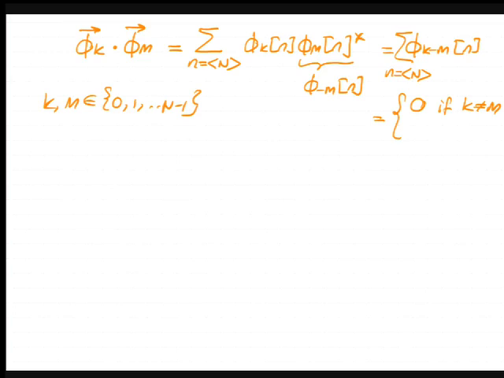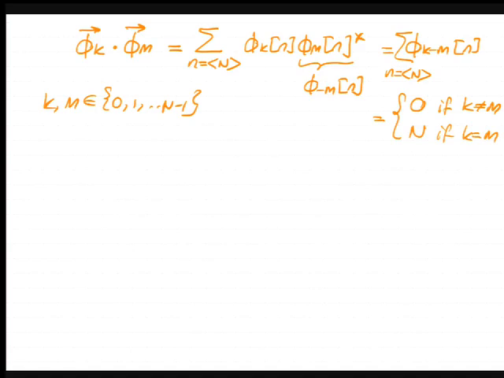And what does that mean? They're orthogonal to each other, right? But if k and m are the same, what do I get? I added 1 n times, so that's going to give me n if k is equal to m. So what that says is that if I take n of those phi functions with different indices, they're all orthogonal to each other.